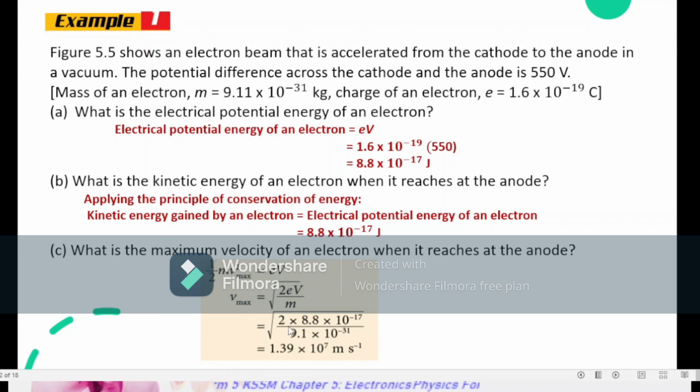We just substitute the value of eV, already calculated here, 8.8 times 10 to the power negative 17, divided by the mass of an electron, that is given here. So you calculate, you will get the maximum velocity of an electron equals 1.39 times 10 to the power 7 meter second to the power negative 1. This value of velocity represents the velocity of the cathode rays.